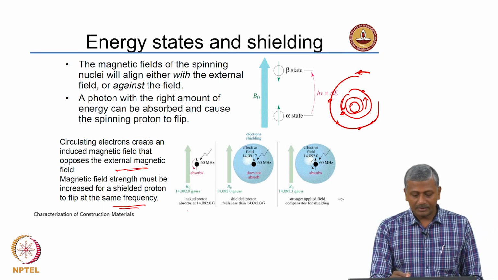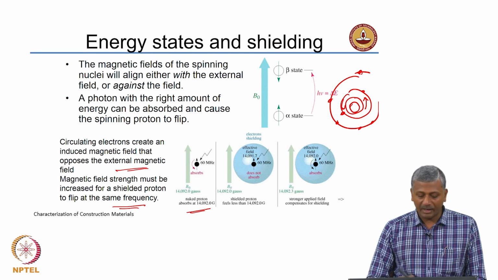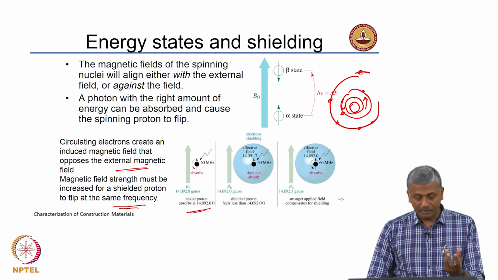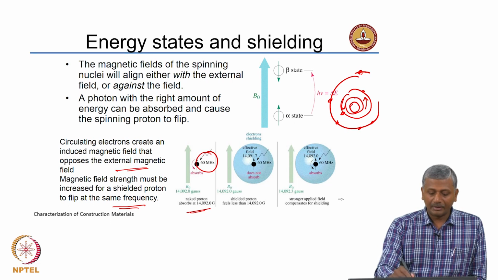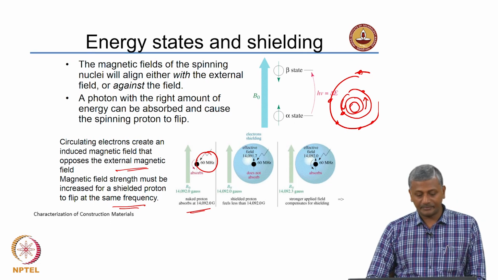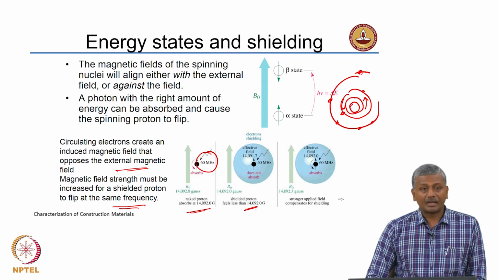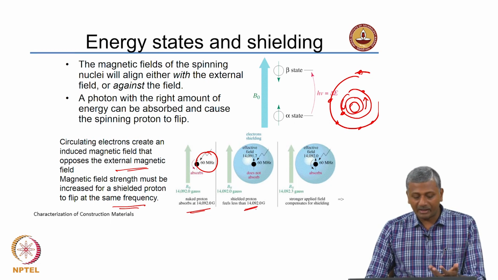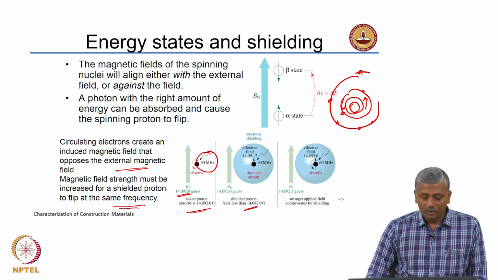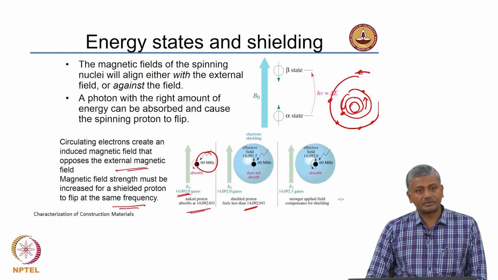Okay. So, again this is an example where you have a proton, just a proton, which absorbs at a frequency of 60 megahertz. Okay. A shielded proton does not feel the effect of the same magnetic field. So, here the magnetic field applied is 14,092 Gauss, okay.